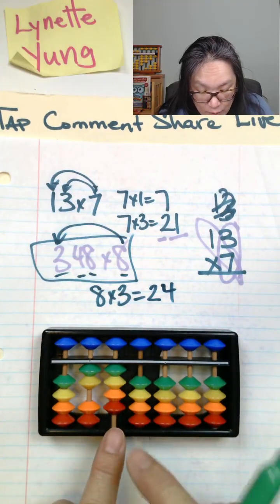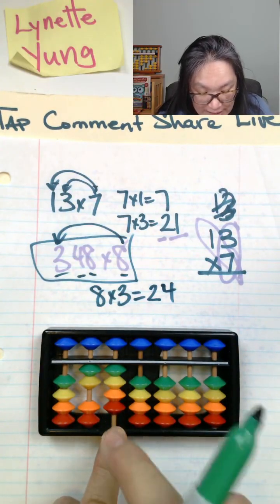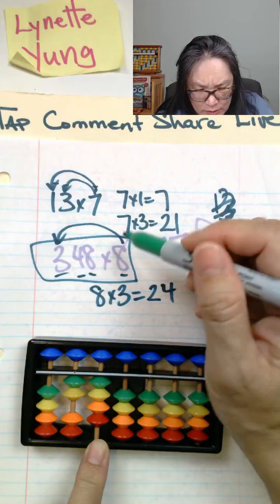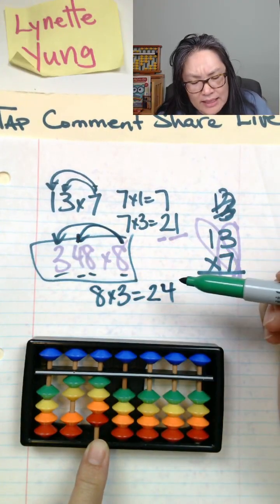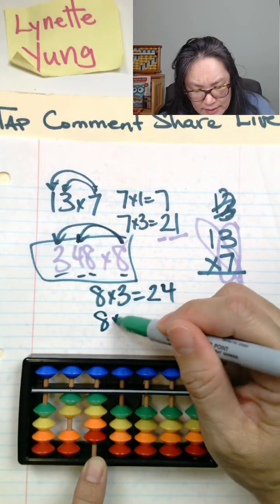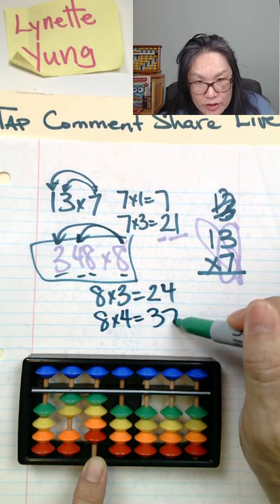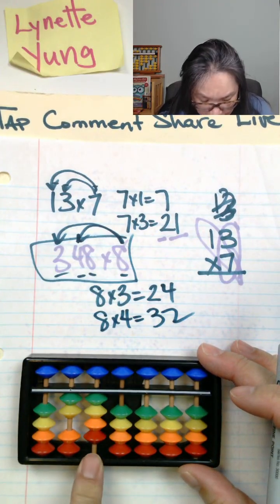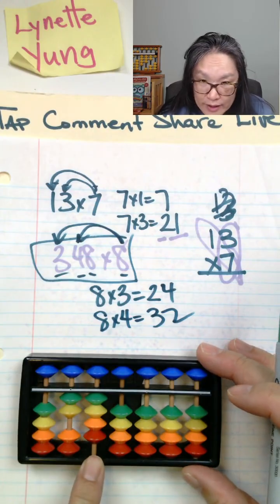See, notice where my finger is, then I'm just going to add it. Whereas the other way, I had to go back and forth. So then my next one is 8 times 4, which is 32. So I add my 3, I add my 2, I add my 3. Do I have enough to plus the 3? No, I don't.